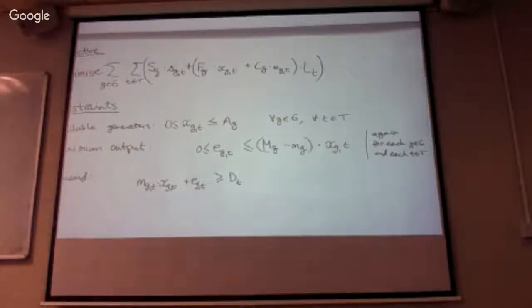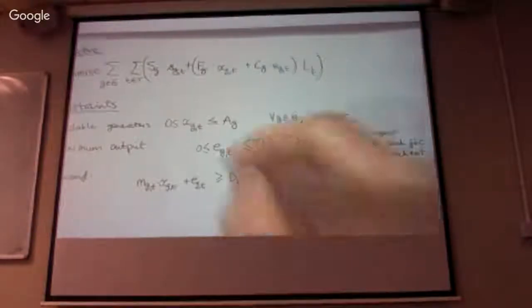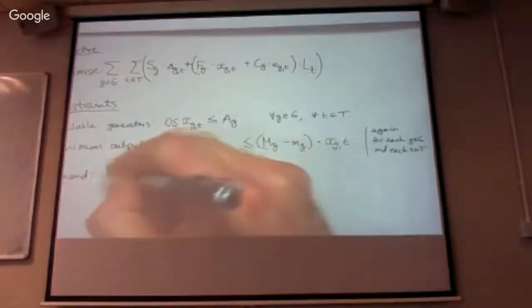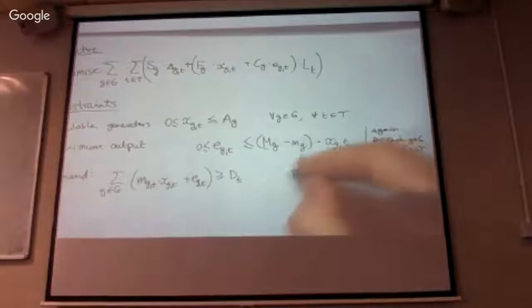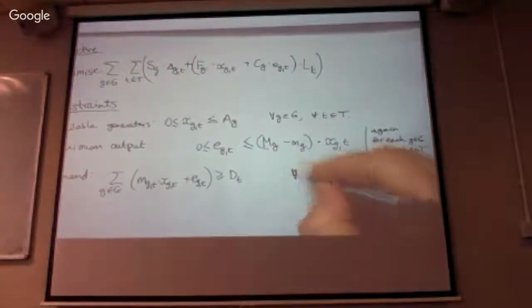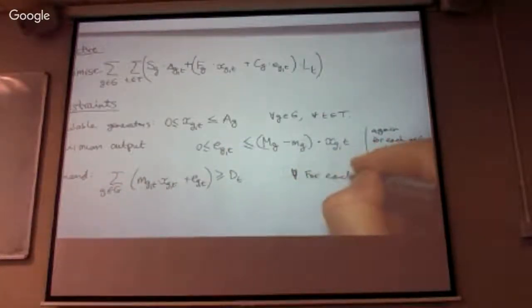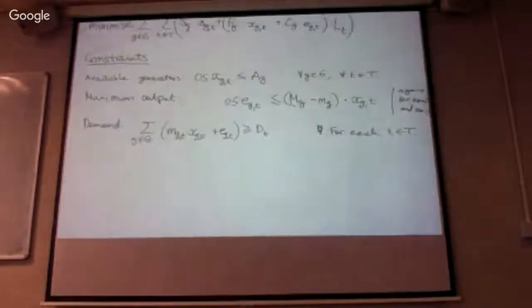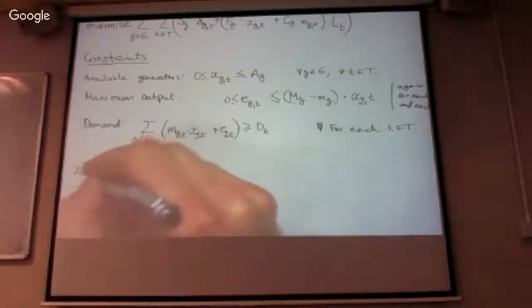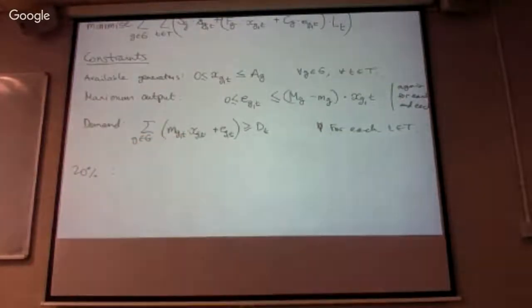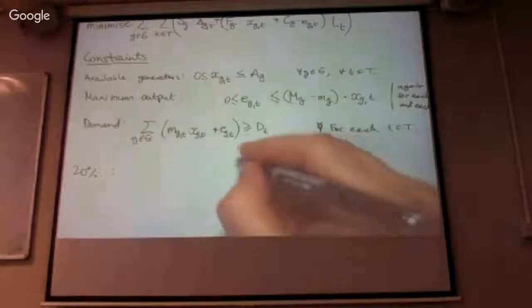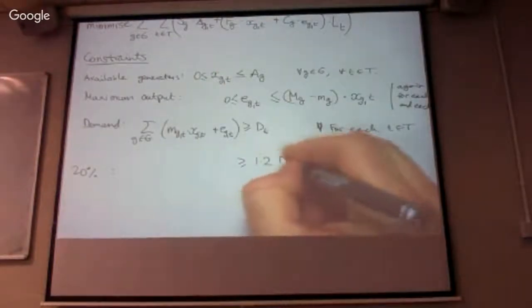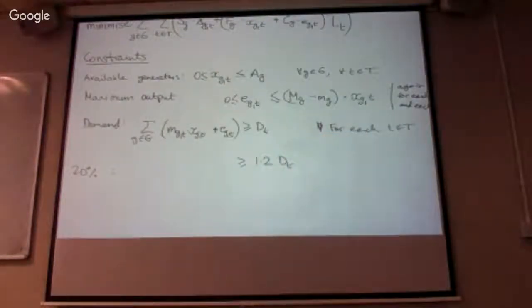Oh dear, time. Okay, so this is not finished because this has to be added over all the generator types for each. 20%. Libby said, indeed, 1.2 times DT.